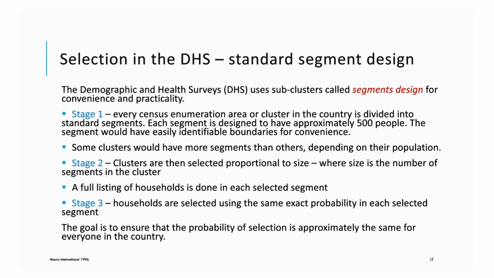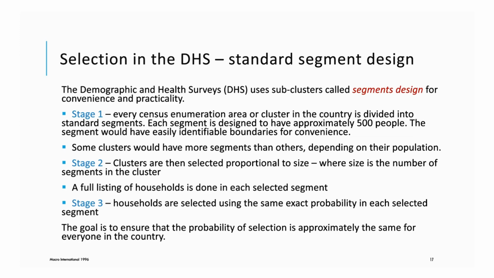So DHS is a very famous example of a multi-stage survey. The Demographic and Health Survey is the survey that usually covers whole countries. And therefore, it's a good example of the logistical challenges and the trade-off between logistical challenges and technical rigor that multi-stage sampling is designed to address.